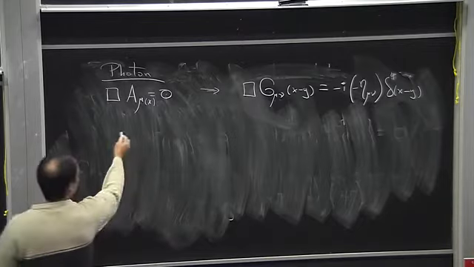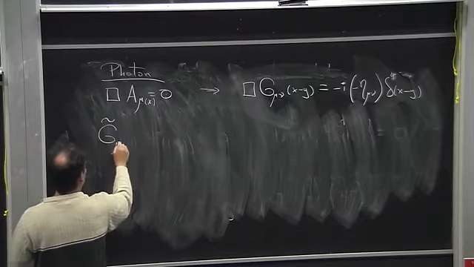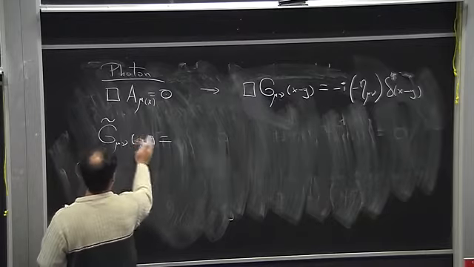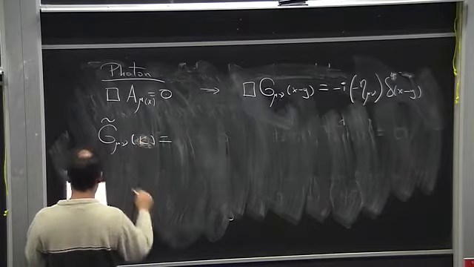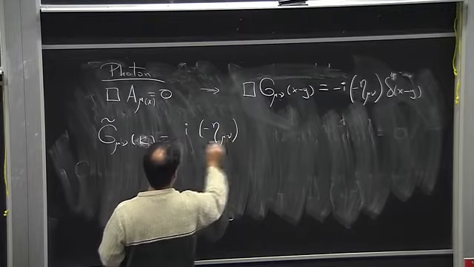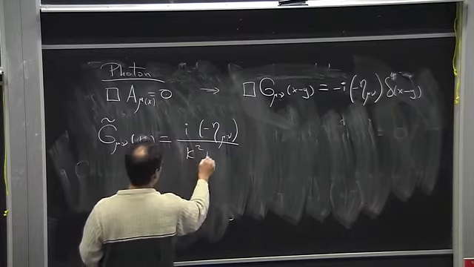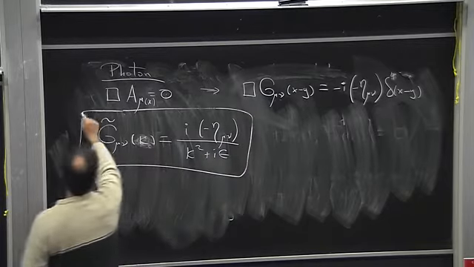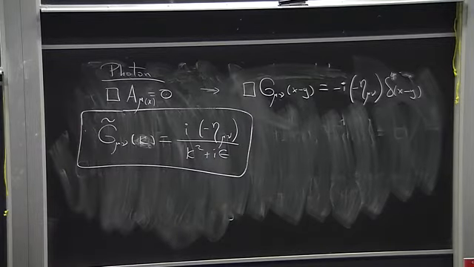And when we solve this, now as a function of k, we find, not surprisingly, this propagator. Okay? So now we just have to do it for the Dirac equation.